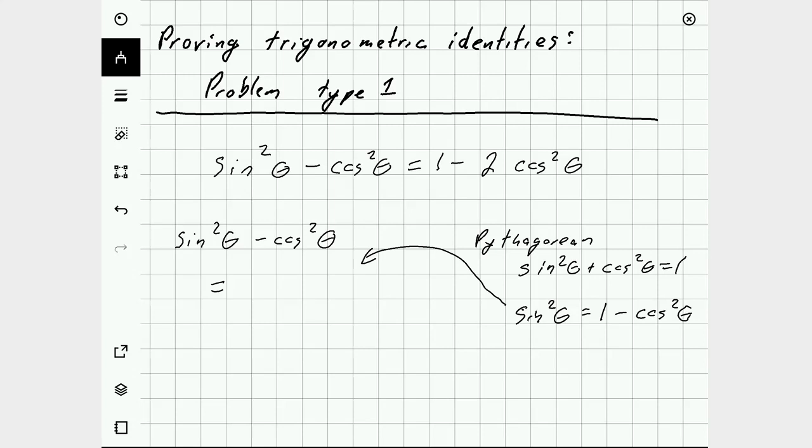Instead of calling that sine squared theta, I can now call it 1 minus cosine squared theta. And then I still have the minus cosine squared theta to go from there.